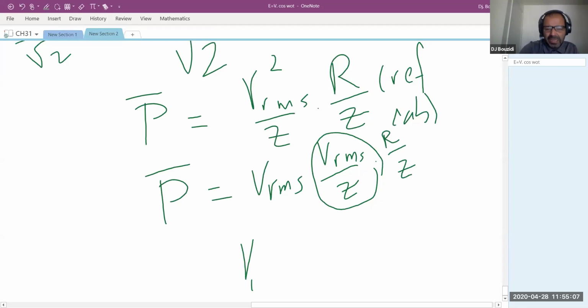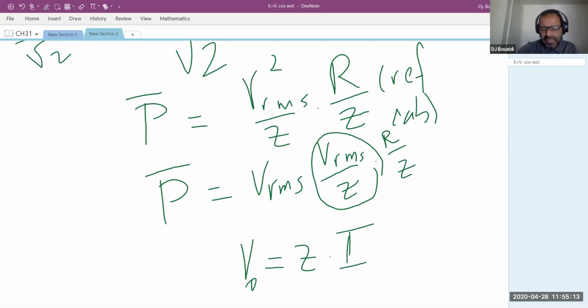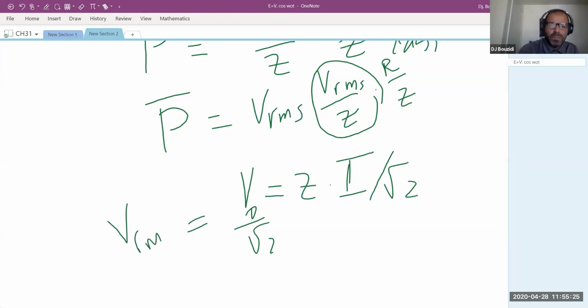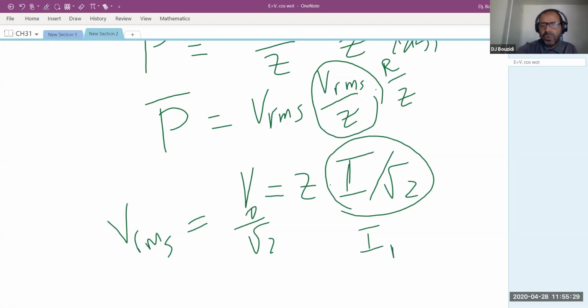Namely, V maximum is equal to Z times I. That's what I wrote earlier, maximum. But if I divide both of them by square root of 2, this becomes V RMS, and this becomes I RMS. The root mean square.